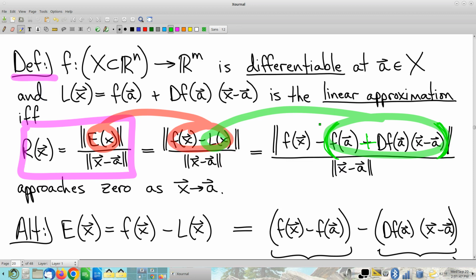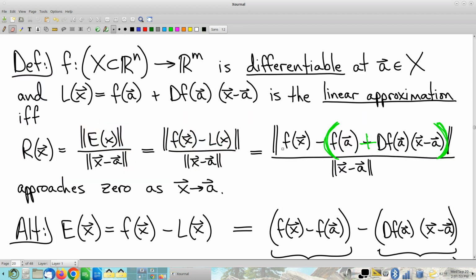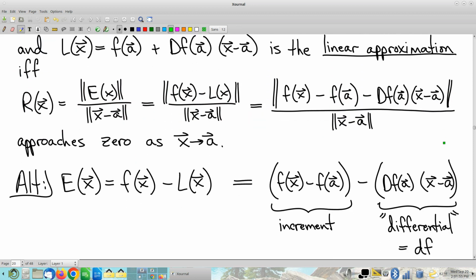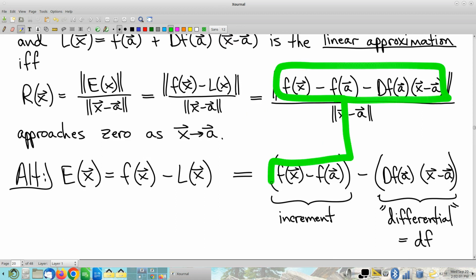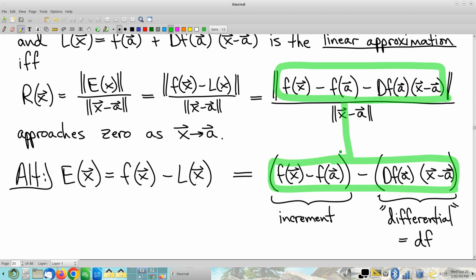Okay. All right, now a terminology thing real quick. Notice that this numerator up here, you can group things a little bit differently, and instead of thinking of it as actual value minus approximated value, another way to move the parentheses around is to talk about the actual change in the value of the function versus our approximated change in the value of the function.